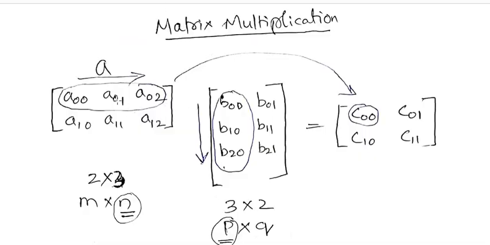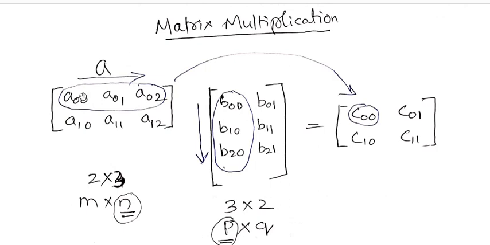For matrix multiplication, I have considered here two matrices, matrix A and matrix B, and we are going to do the multiplication. In matrix A, each element is represented by its row and column.